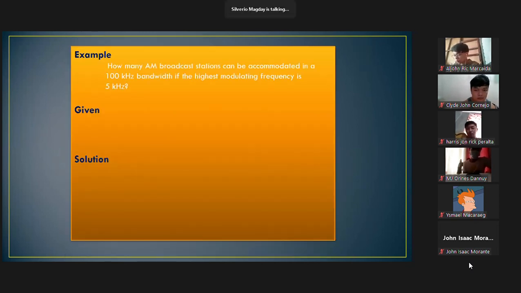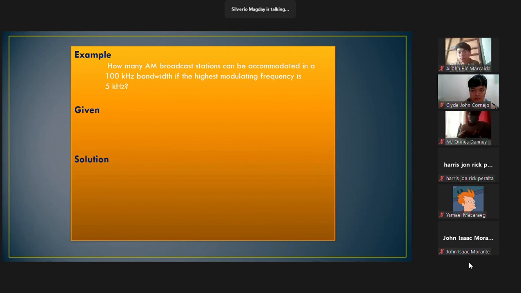How many AM broadcast stations can be accommodated in a 100 kilohertz bandwidth if the highest modulating frequency is 5 kilohertz? Ilang AM broadcast stations given tayo ng bandwidth at 100 kilohertz tapos yung modulating frequency is at 5 kilohertz. Ilang stations?